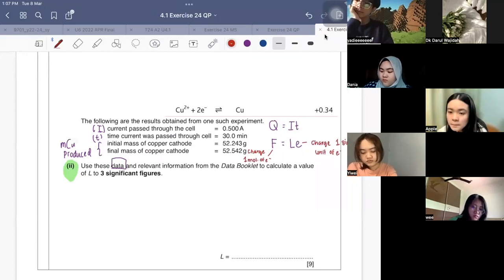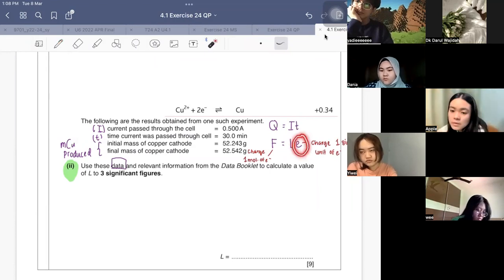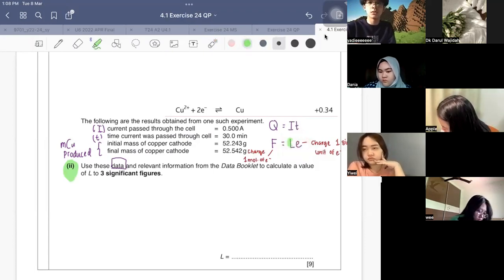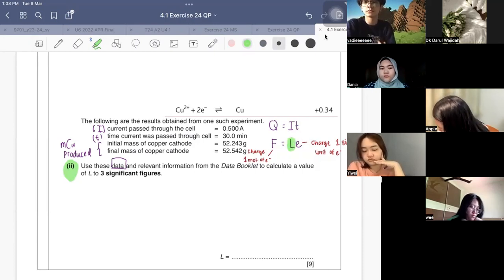If you know the charge of 1 unit of electron, then to find the charge of 1 mole, you just take the charge of a single unit of electron times the number in 1 mole, and 1 mole is 6.02 times 10 to the power of 23. But our goal is to find L based on the results of this electrolysis experiment.